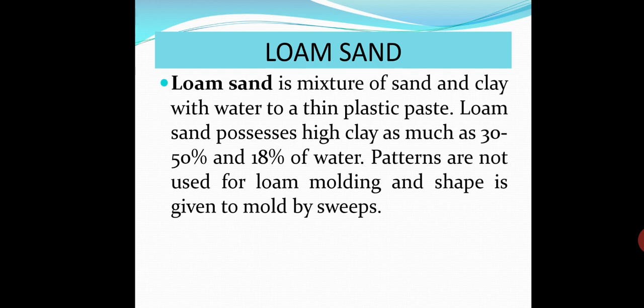The constituents of loam sand are silica, 30 to 50% clay and 18% water. Patterns are not used for loam molding, and shape is given to the mold by sweeps. We will come across this sweep, which is used for preparing the cavity without using the full pattern.